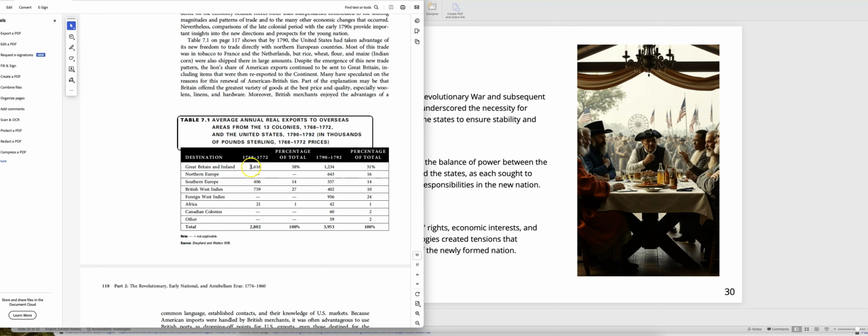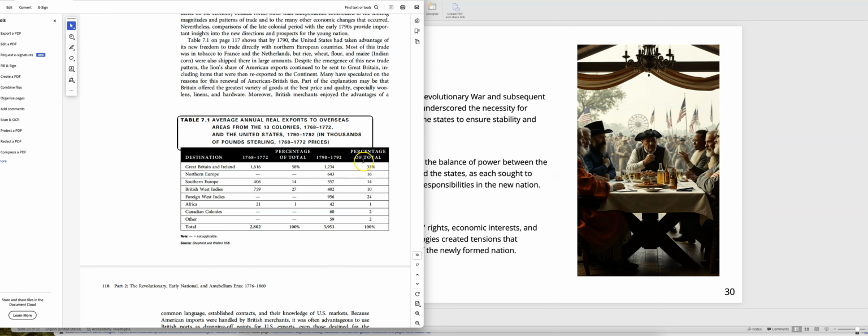Look at this. We've got a broadening of all of our trading partners from when we had the Navigation Acts to now, no longer are the Navigation Acts relevant, right? Now everyone can be our trading partners because we are our own country.